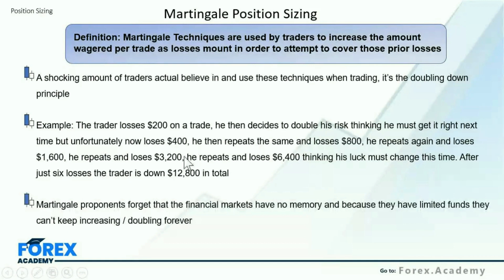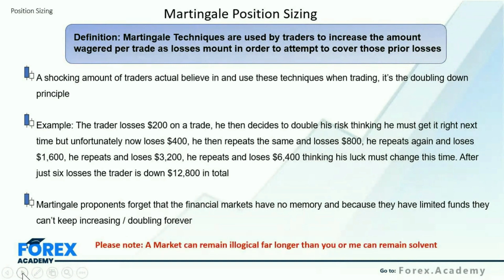Obviously, the risk side is that the trader is looking to double, to get their money back super quick. So martingale proponents forget that the financial markets have no memory at all. And because they have limited funds, they can't keep increasing and doubling down forever. And it's always worth knowing and perhaps embracing that a market can remain illogical far longer than you or I can remain solvent.